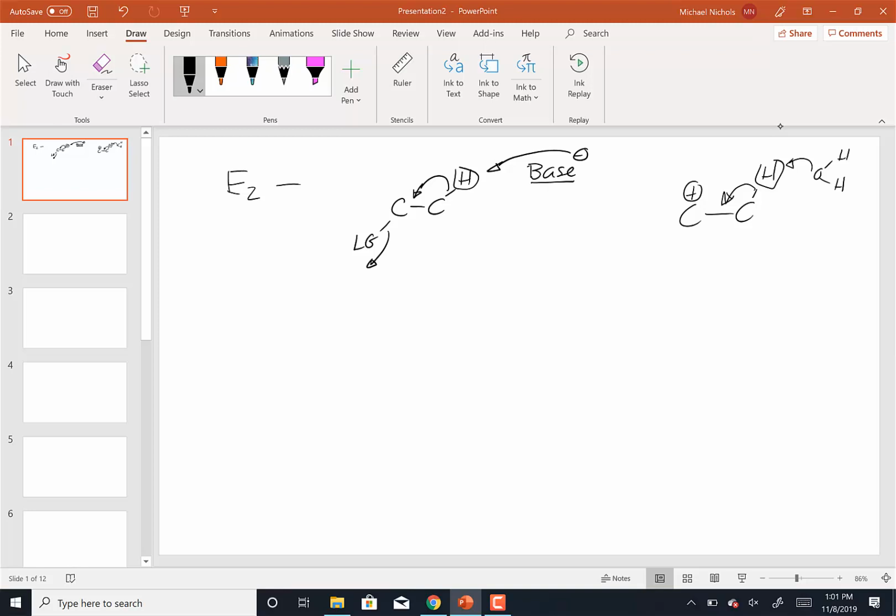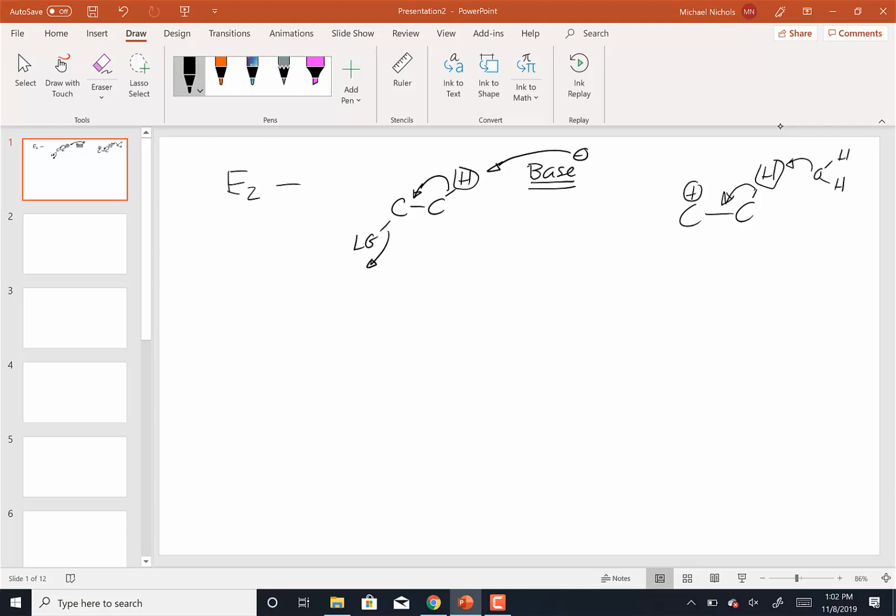The water, this H+, it leaves. The water catches it. The water's not aggressively coming in and pulling that hydrogen off. The base is coming in and aggressively pulling that hydrogen off and starting the process. So one difference between E2 and E1 is that the base is necessary.